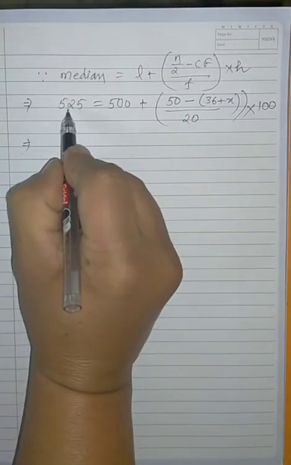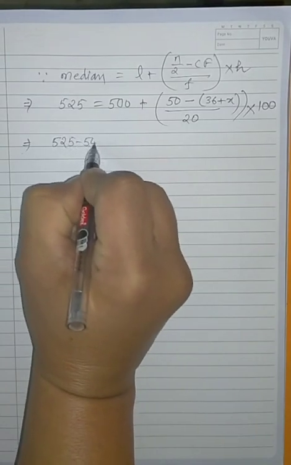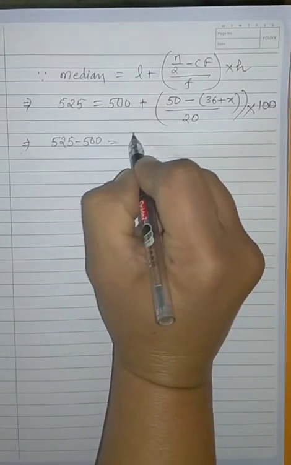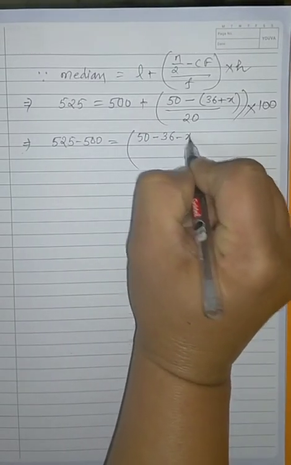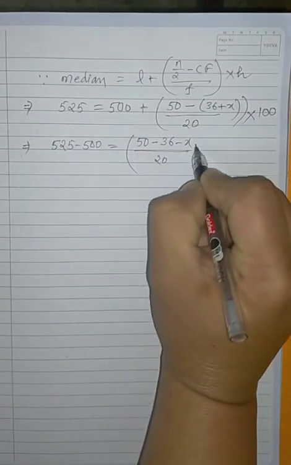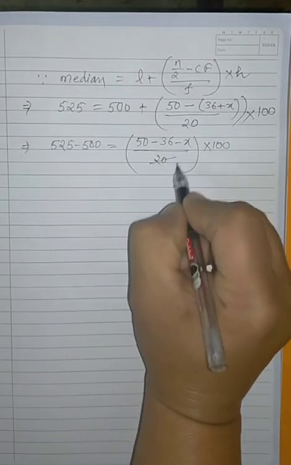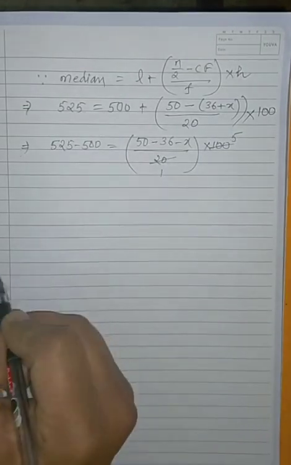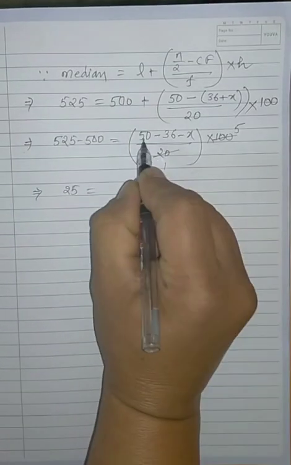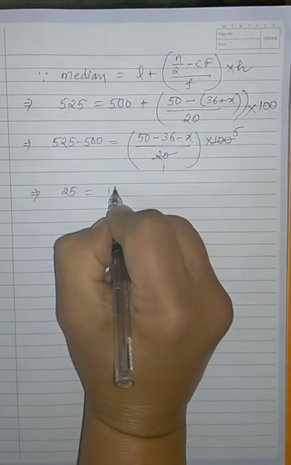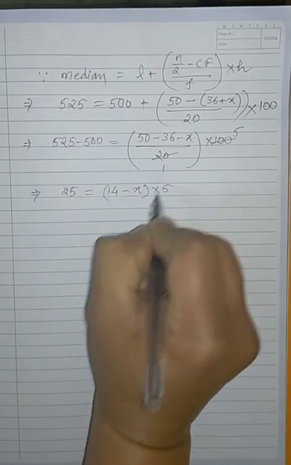Therefore, 525 minus 500, transposing 500, is equal to, within bracket, 50 minus 36 minus x upon 20, into 100. Here 20 can cancel 100, 25 is 100. Therefore, 25 is equal to 50 minus 36, which is 14, minus x, into 5.